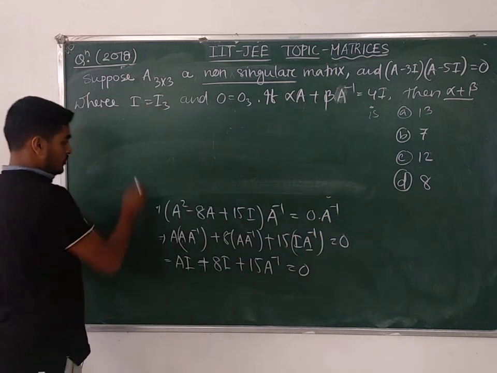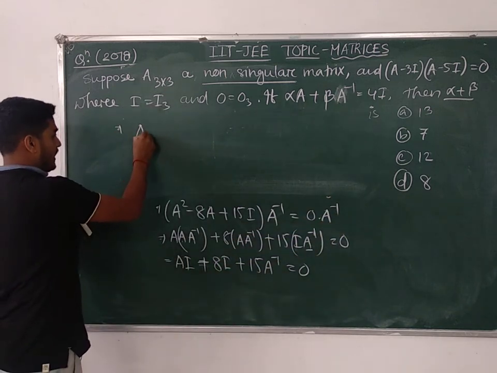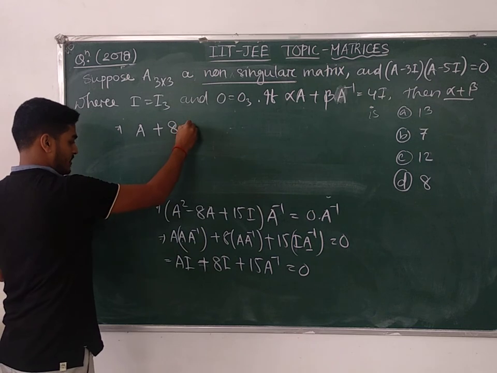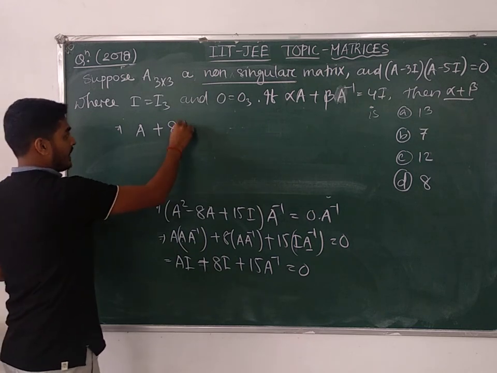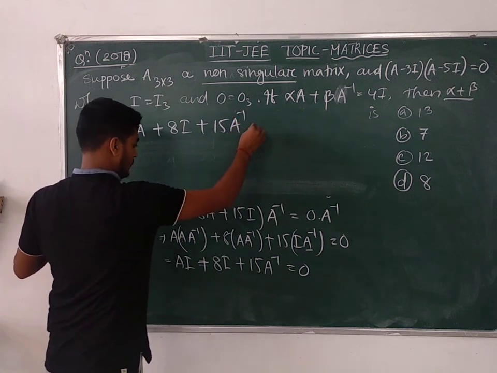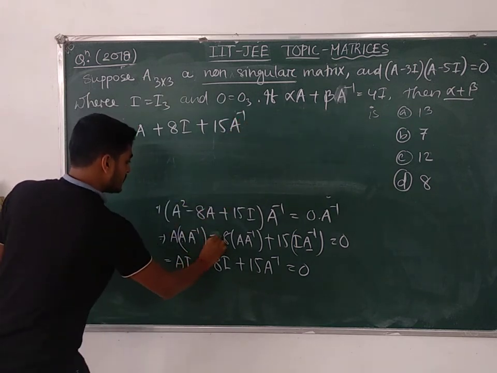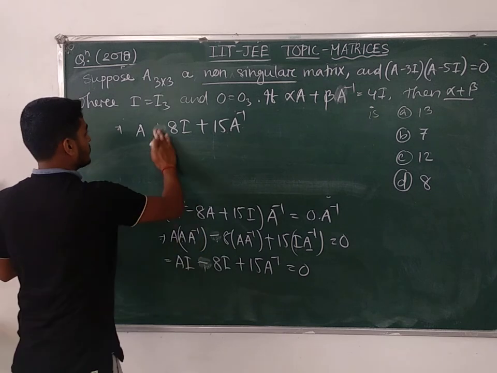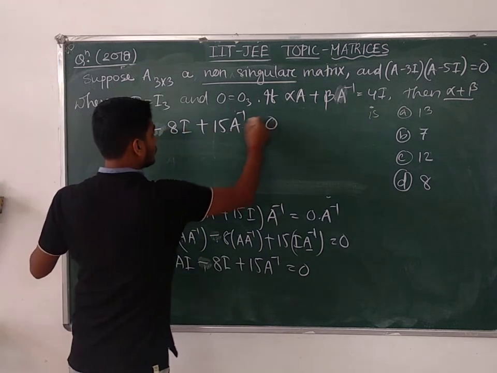So we can simplify: A minus 8I plus 15A inverse. Oh sorry, it will be minus, okay, minus is equal to 0.